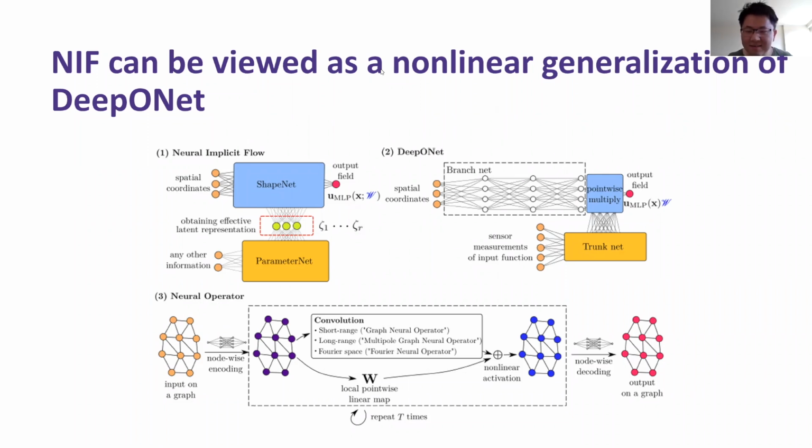For this step, why wouldn't you use a nonlinear map from a latent representation to weights of the ShapeNet? Why use a linear map? Yes, that's a great question. It's more from the computational perspective: I want to keep the computation affordable.